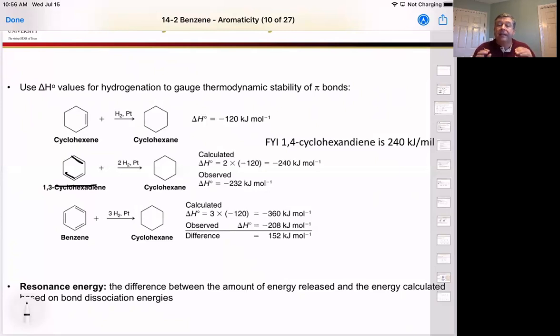Okay, that difference in energy is what we call the resonance energy. So the benzene ring is stabilizing that much more energy. That resonance energy is basically stabilizing that system such that it actually has less energy to release during this hydrogenation process.